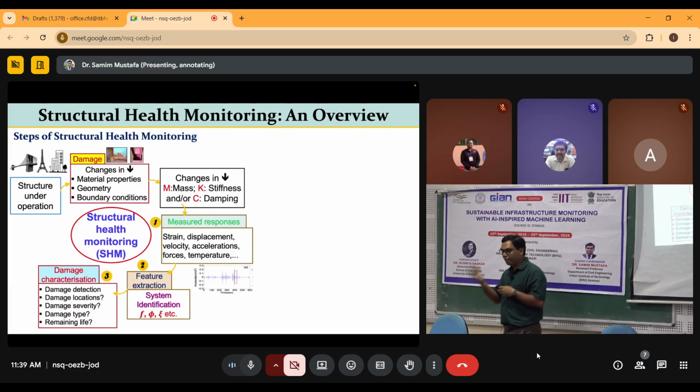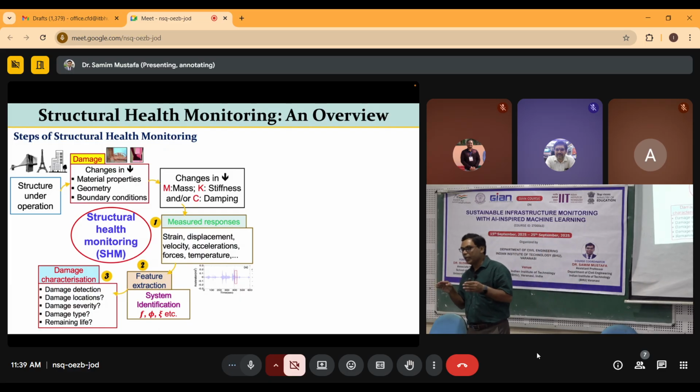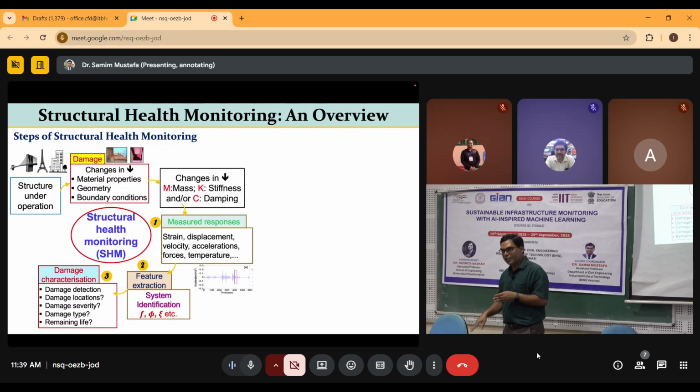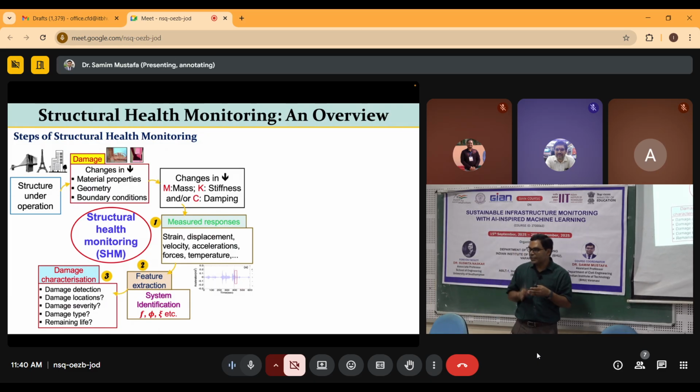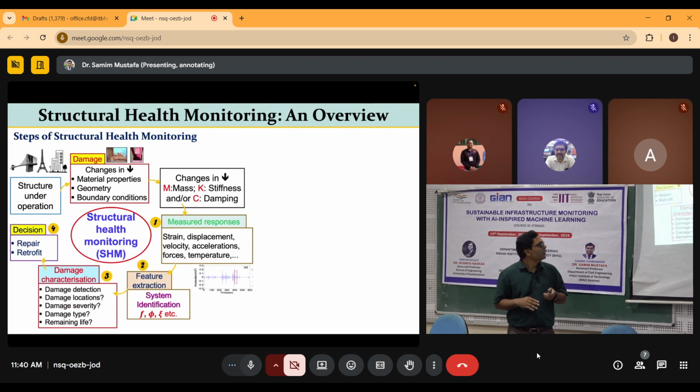You need to then take a decision whether the structure is to be demolished. If the damage is significantly large, then you have no choice but to demolish the structure. Whether it could be retrofitted or repaired, that decision comes next, okay. So these are the 4 goals of structural health monitoring, okay. You always remember this, this is the fundamental thing, okay.